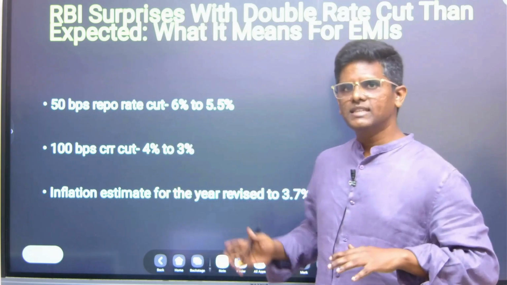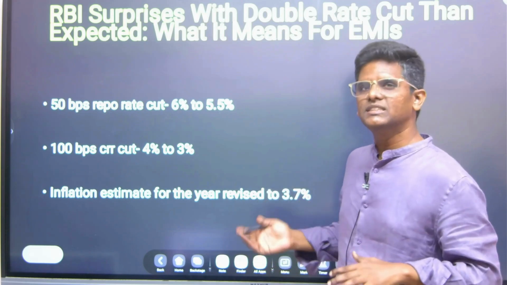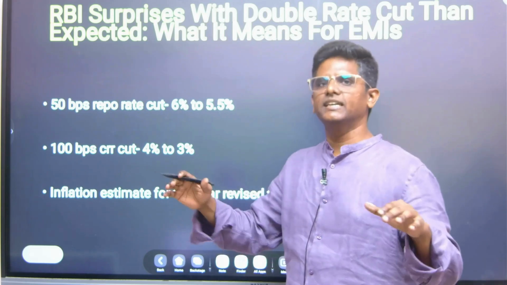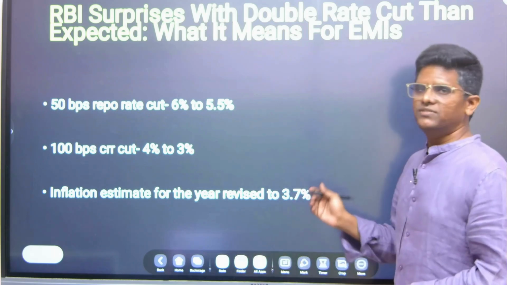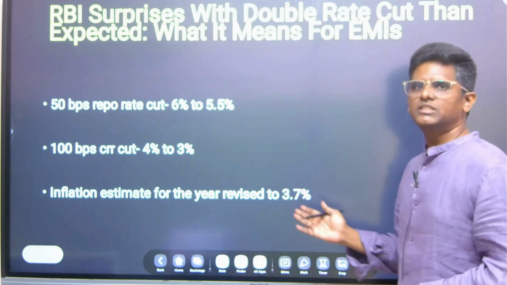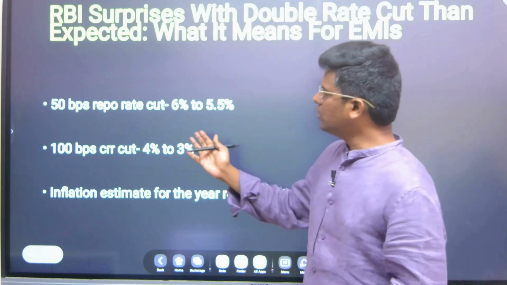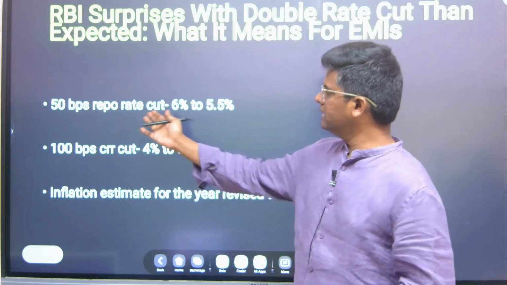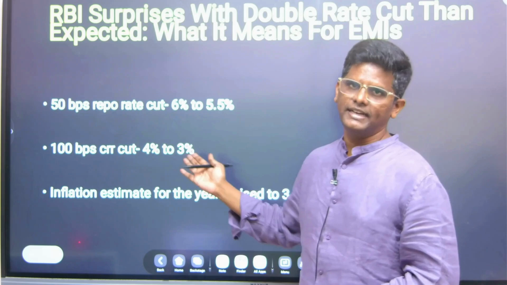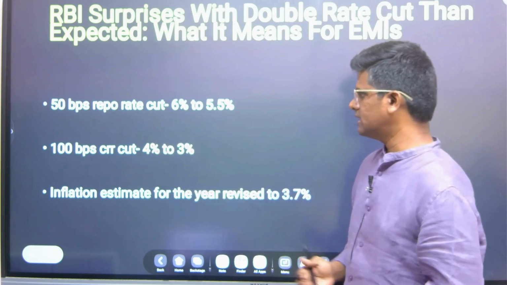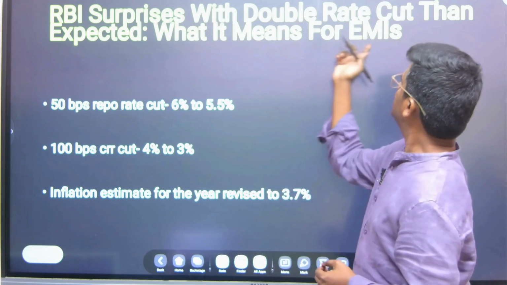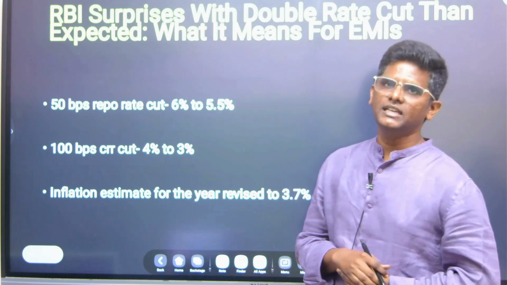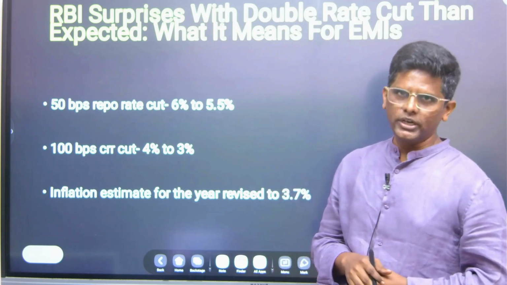But now, as inflation is coming down, disinflation is setting in, not only in India but in other countries also. So RBI is again moving to a loose monetary policy. It is reducing the repo rate and CRR so that spending will increase, and what it means for the EMIs is that they will go down.